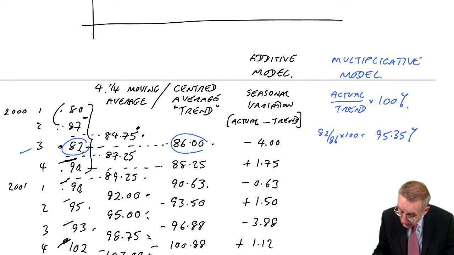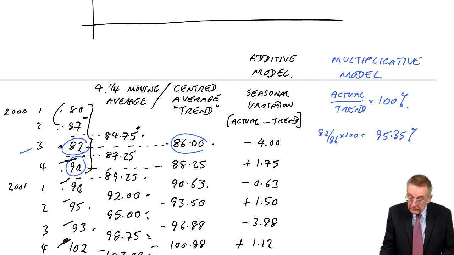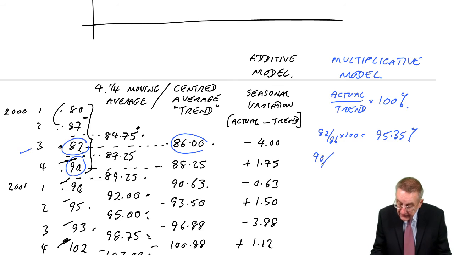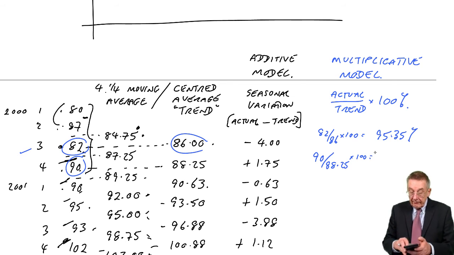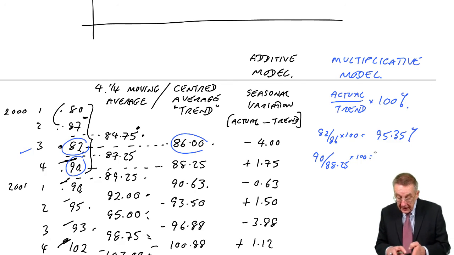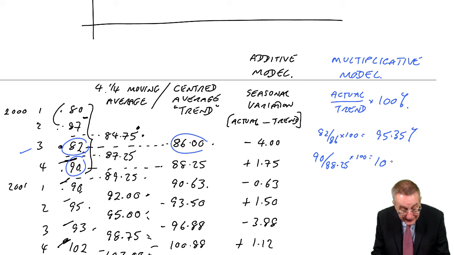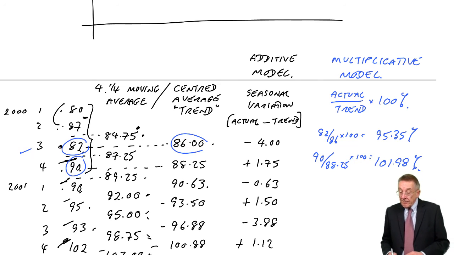Similarly, quarter 4, 90 as a percent of the trend of 88.25. 90 divided by 88.25 is 101.98%. And so on.